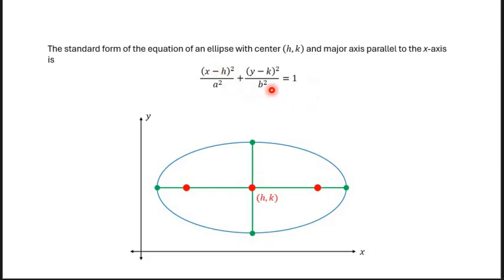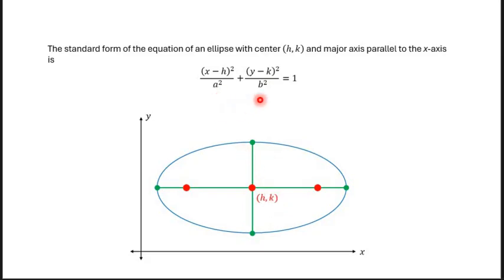So h and k represent the center of the ellipse. If you have x minus h, that value h is the x value of the center of the ellipse. And when you have y minus k, that value k is the y value of the center of the ellipse.